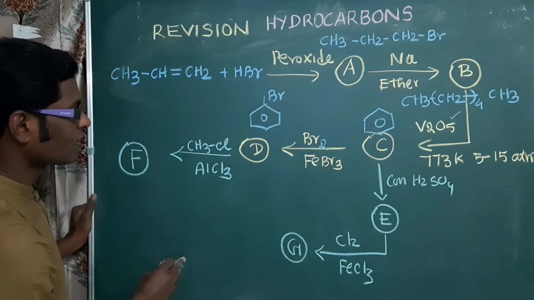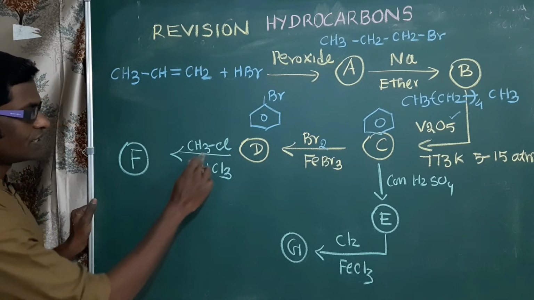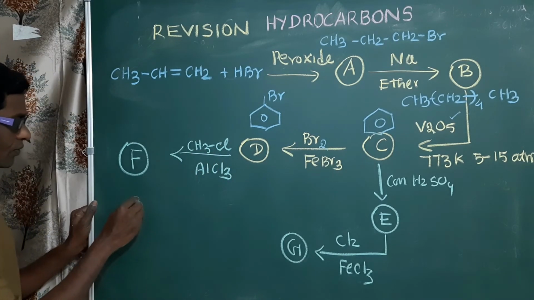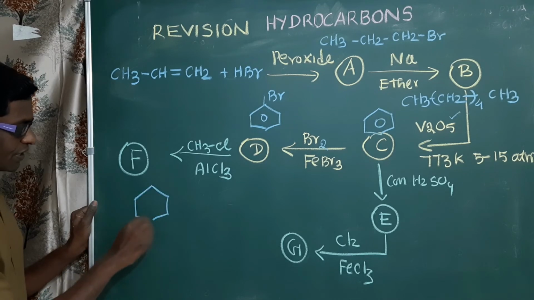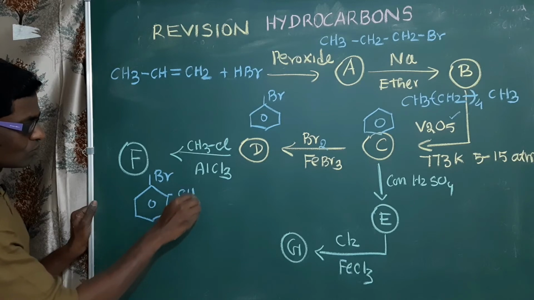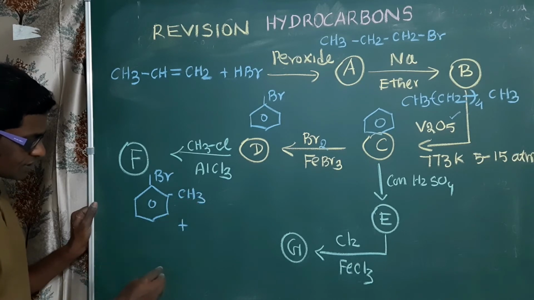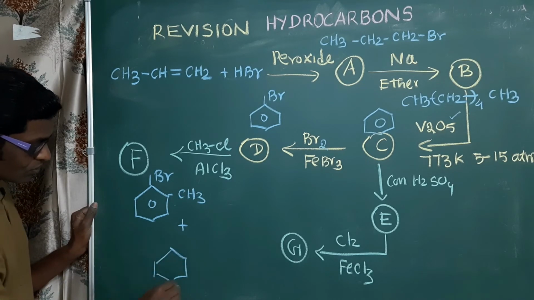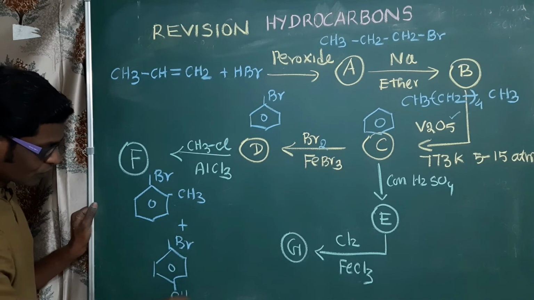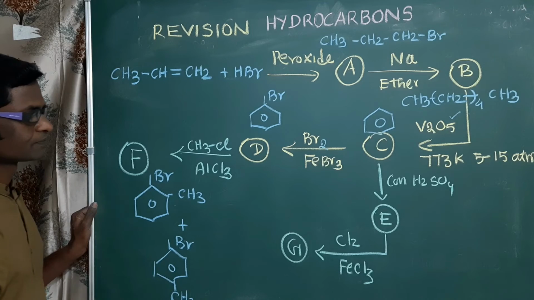Bromine is ortho-para orienting. When treated with chloromethane in presence of anhydrous aluminum chloride, we will get 2 isomeric products, ortho-bromotoluene as well as para-bromotoluene. Para will be major due to less steric hindrance.